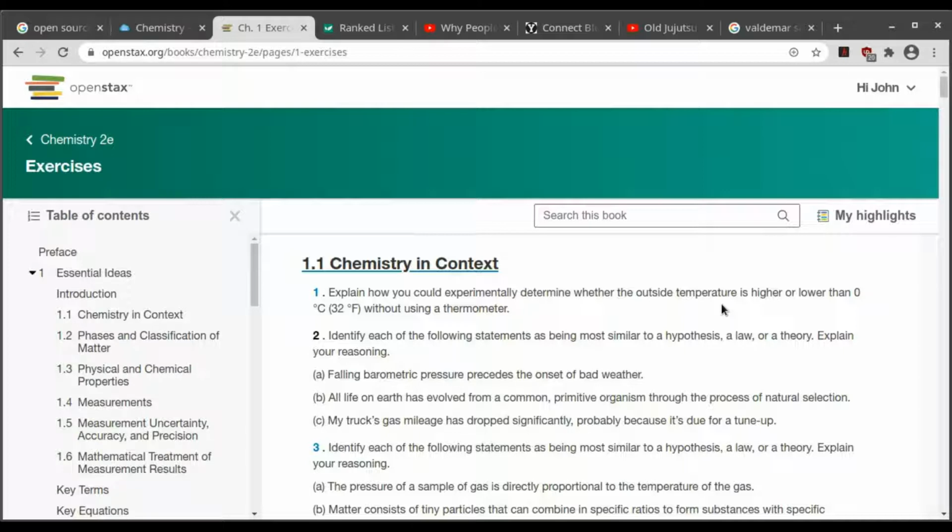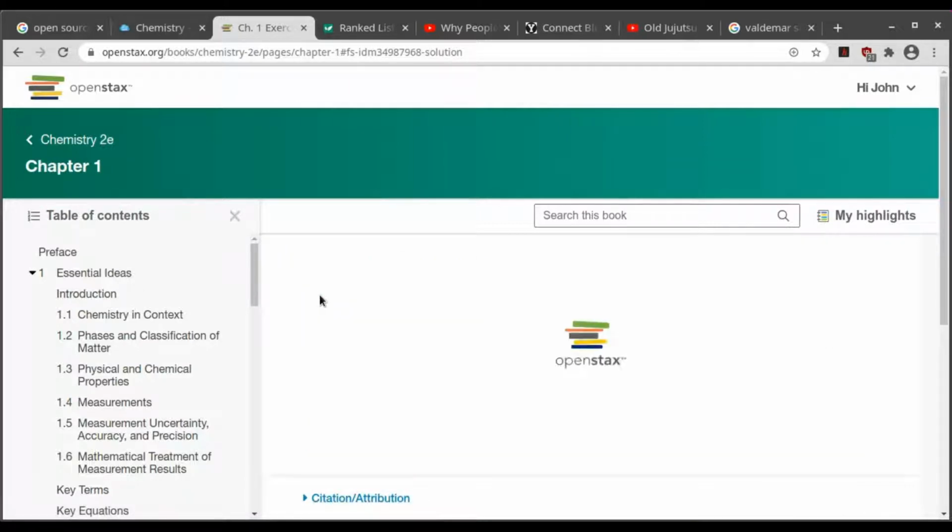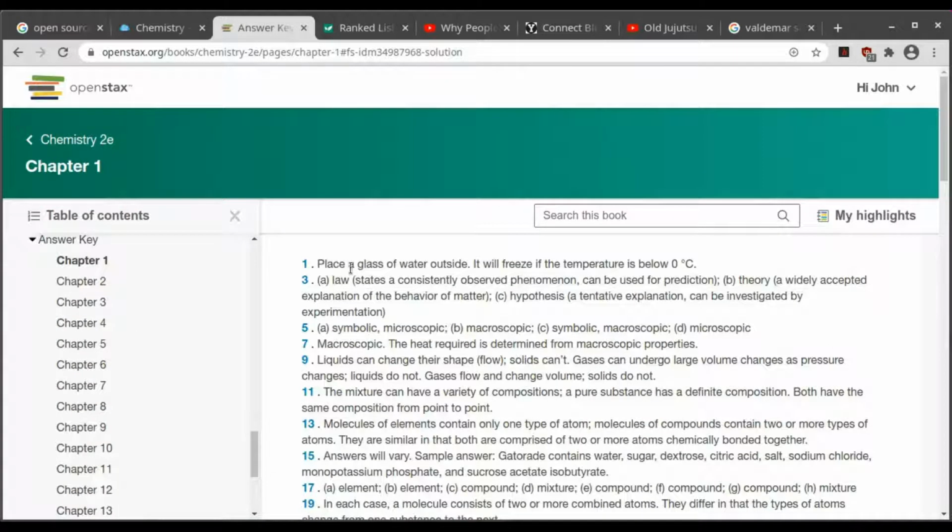So let's look, and they have the answers for all of the odd questions, but not the evens. The solution says place a glass of water outside, it will freeze if the temperature is below 0 degrees Celsius. So yeah, that's an answer.